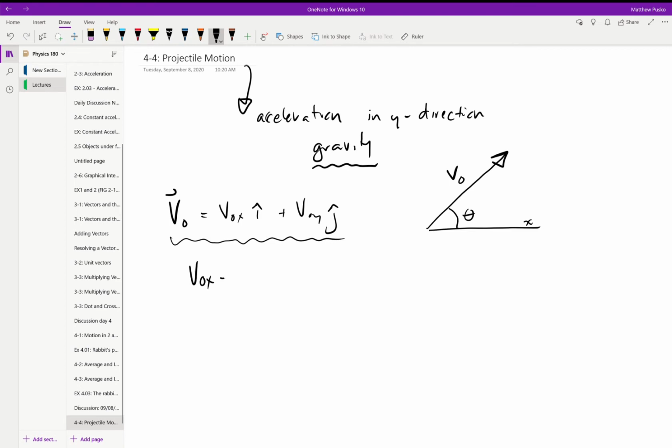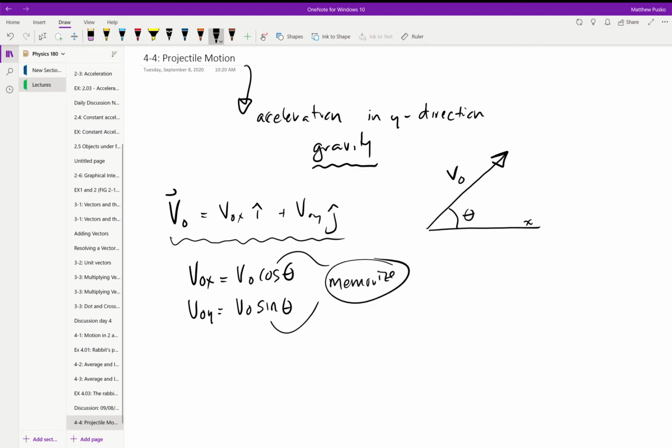So the x component was equal to v naught times the cosine of this angle over here, and the y component of the velocity is v naught times the sine of theta. I wouldn't memorize cosine and sine unless you just know that it's in its typical orientation as measured from the positive x-axis. Otherwise, make a triangle, do a little SOH CAH TOA action. No shame.